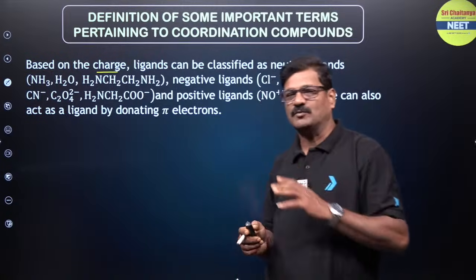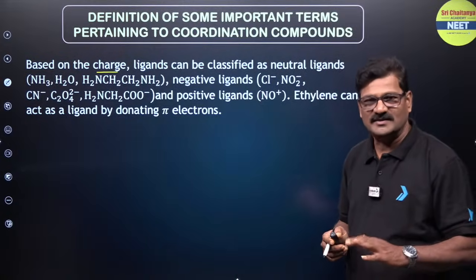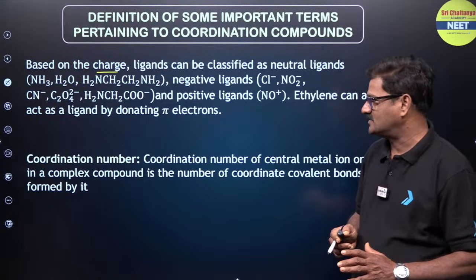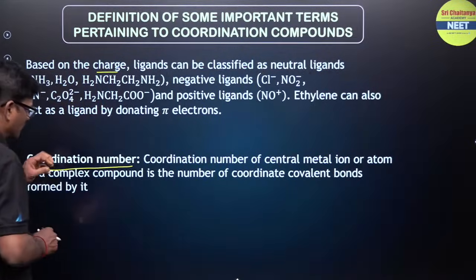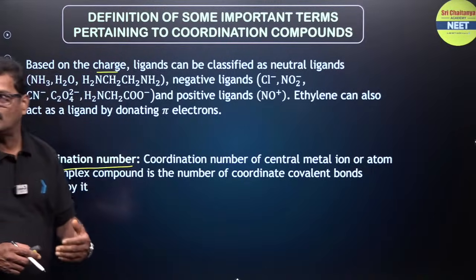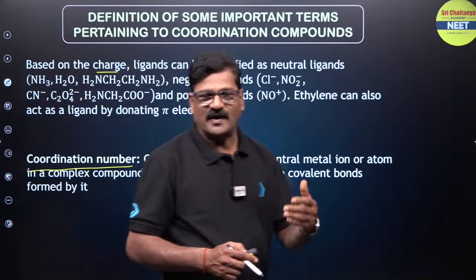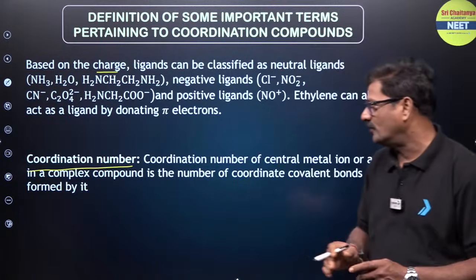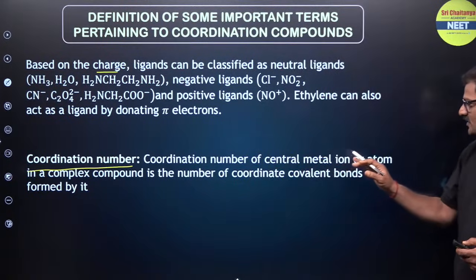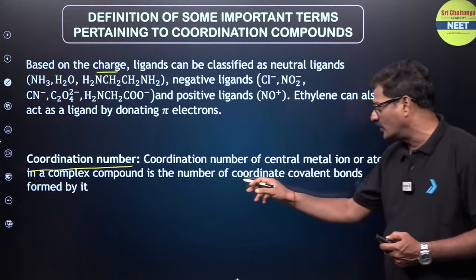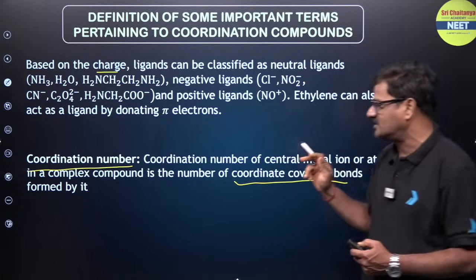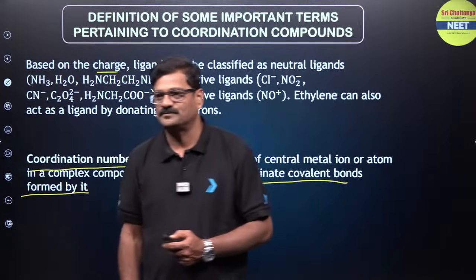Coordination number is a very important thing, because of the coordination number only, we can see what exactly the type of isomerism and its behavior. Here the coordination number of the central metal atom in a complex compound is the number of coordinate covalent bonds formed by the central atom.